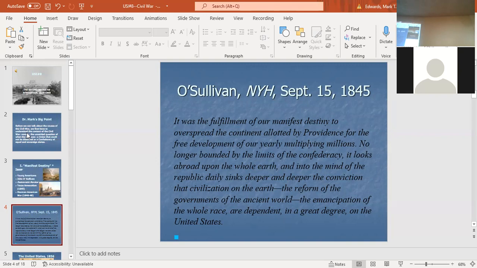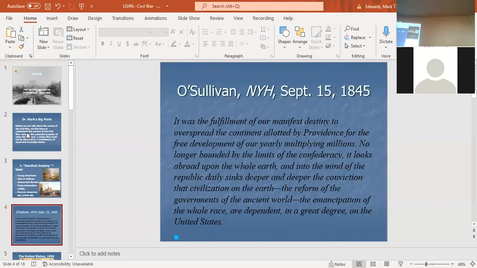Northerners, Southerners, they both believed our future lay out west. The future of the United States fell to Western expansion, right? Who were some of the great expansionists of the years before the Civil War? Thomas Jefferson, not a Yankee, a Southerner.